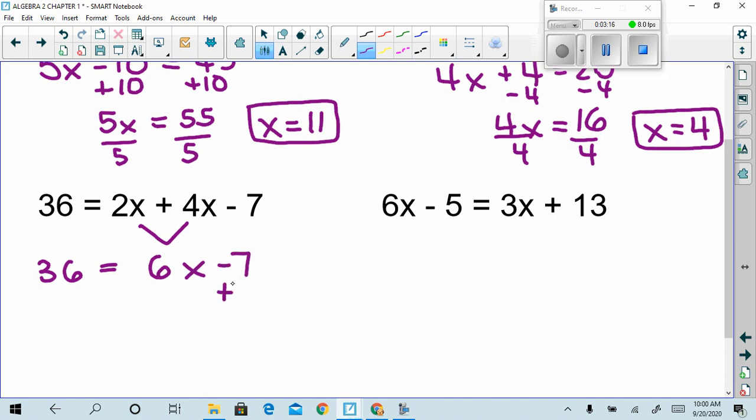Two inverse operations. Let's add 7 to both sides. Let's divide by 6. And now I have myself an improper fraction, which I can simplify.